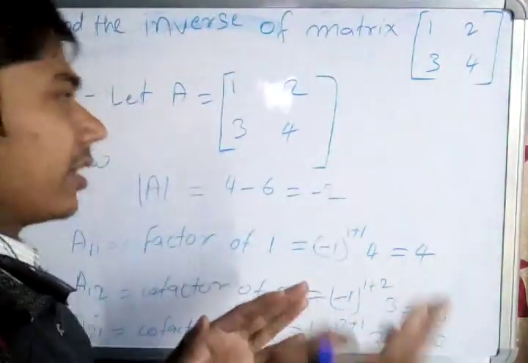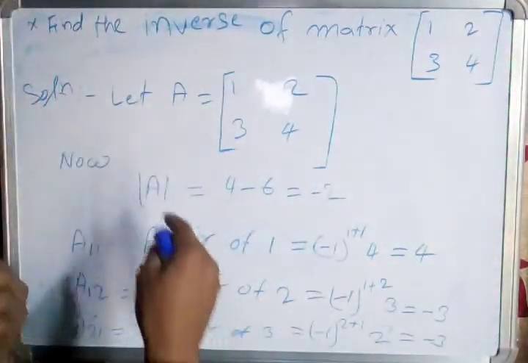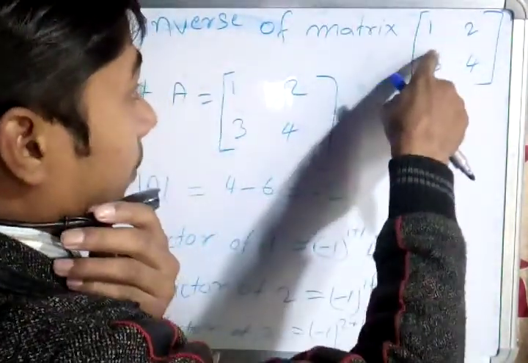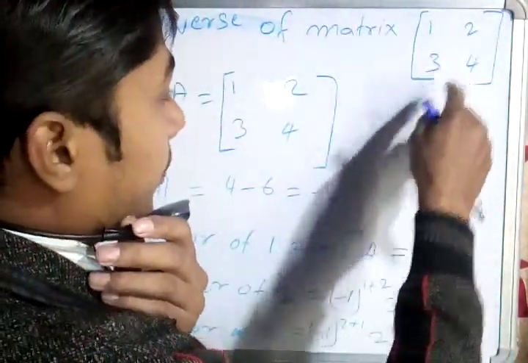Look here carefully on the board. Find the inverse of the matrix [1 2; 3 4].